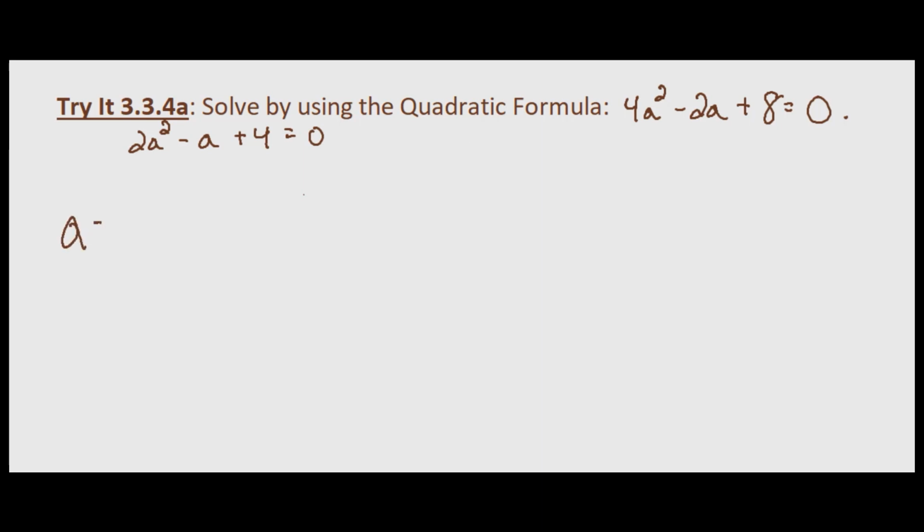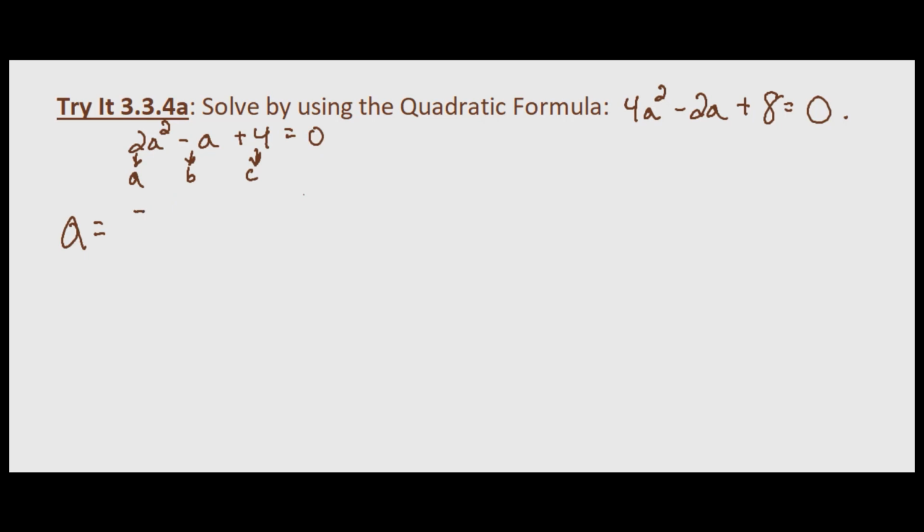So a equals negative b, so negative -1. If we break it down into ax squared plus bx plus c, it's a little confusing because the variable is a. But in terms of the coefficients in the quadratic formula, a equals 2, b equals -1, and c equals 4.